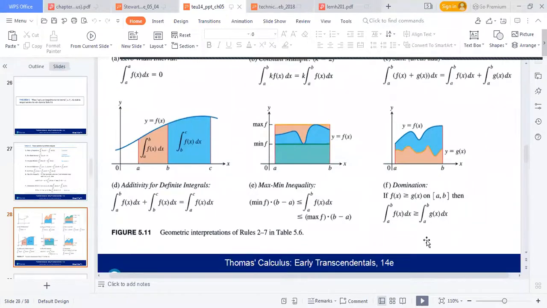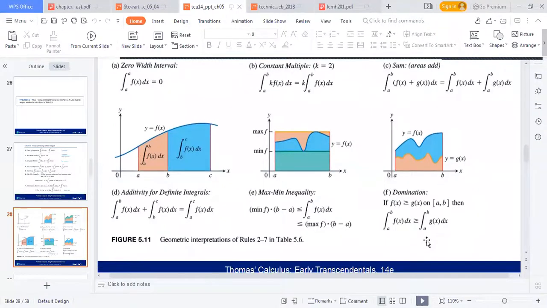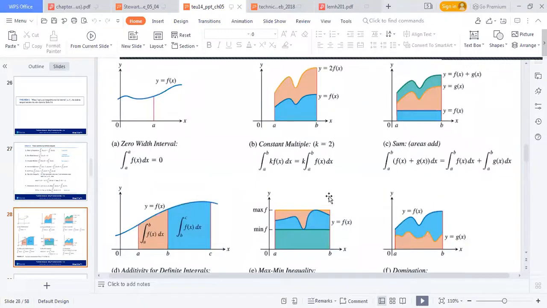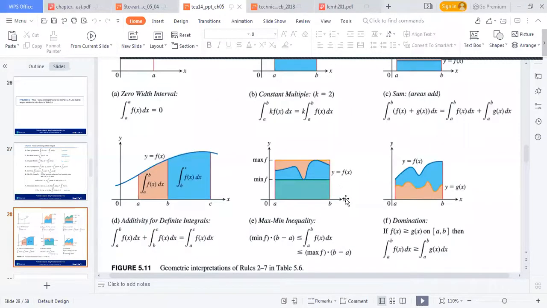This is the geometrical interpretation of all the rules. We have 7 rules. You have to remember this. These are the main properties of definite integral we have used in our examples.